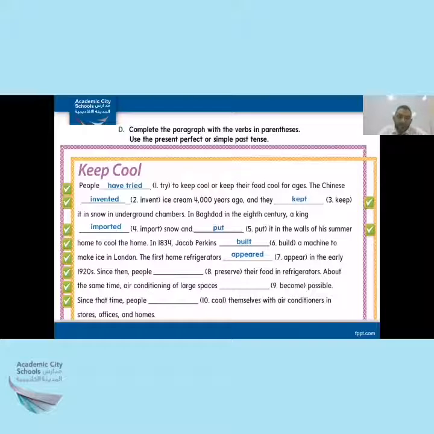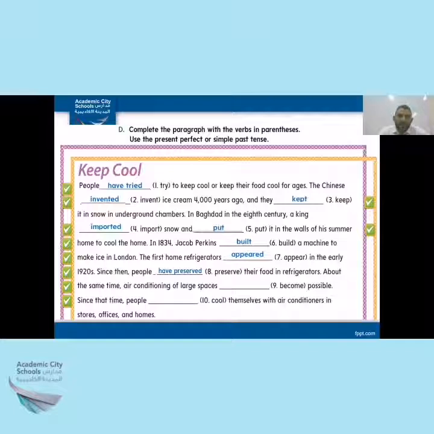Since then, people space their food in refrigerators. Here we have since. Since is an adverb of present perfect. So we use have or has plus verb 3. People is plural, so we use have. Excellent. And the verb 3 of preserve is preserved. Have preserved.